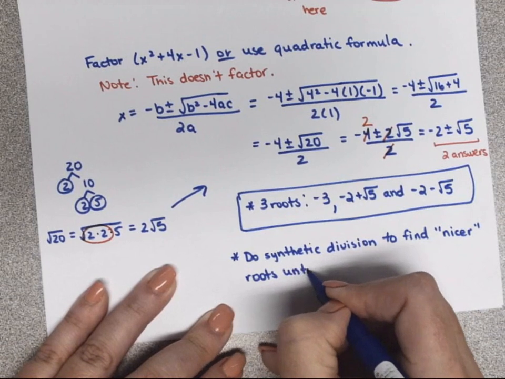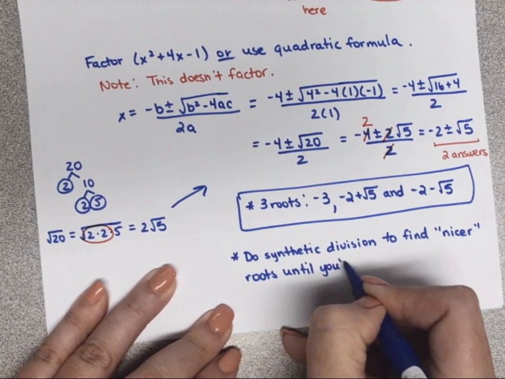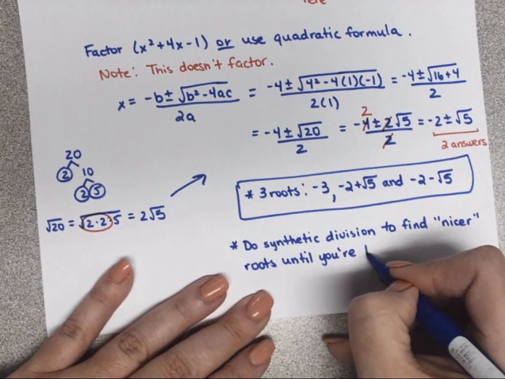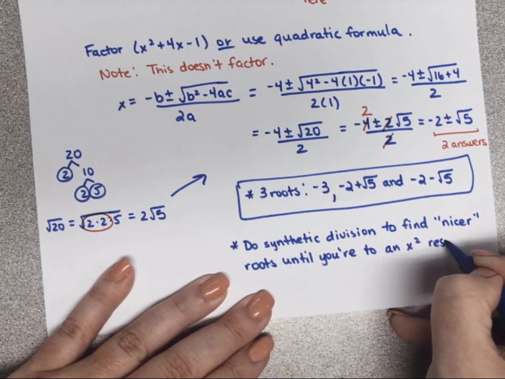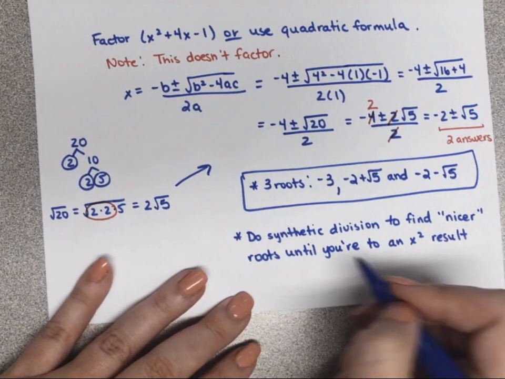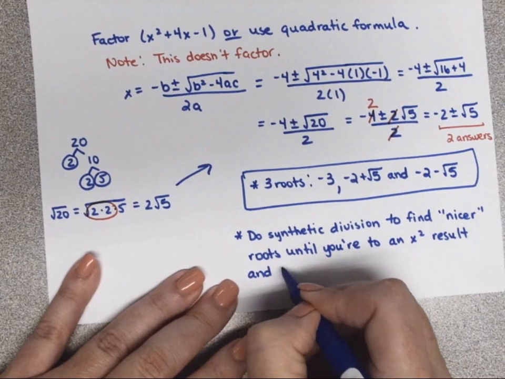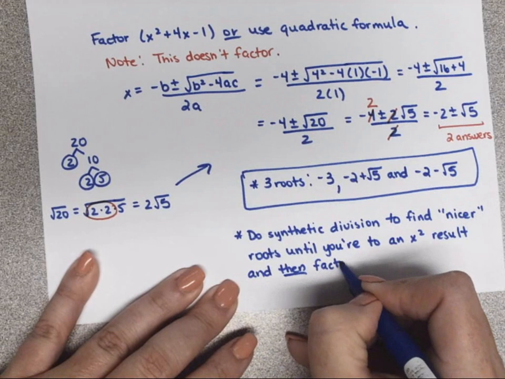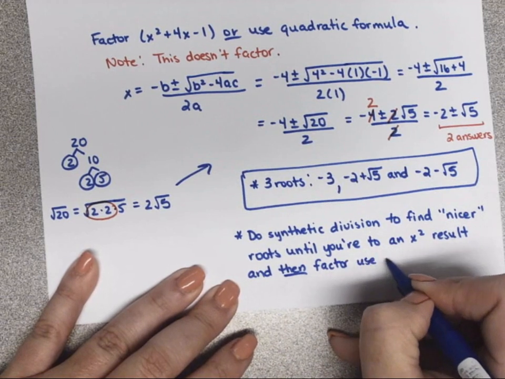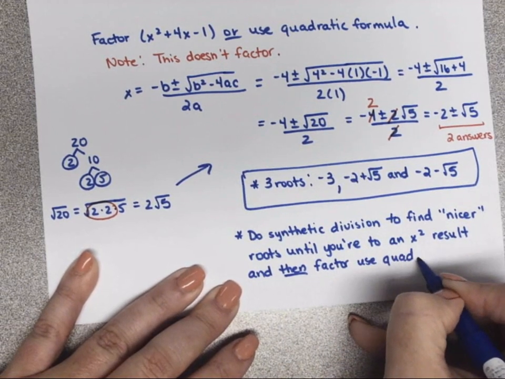And you're going to do that until you're down to an x squared equation. And then you're going to either factor or use quadratic formula for the last 2 roots.